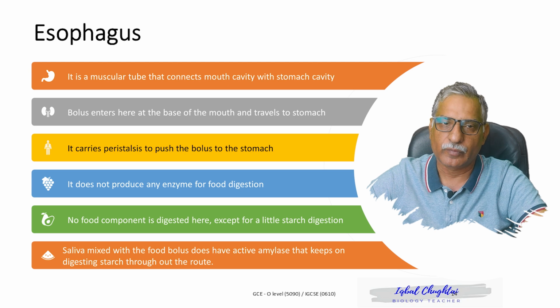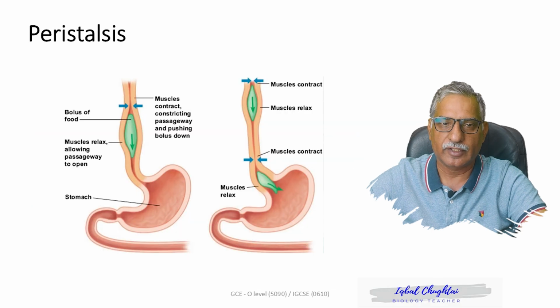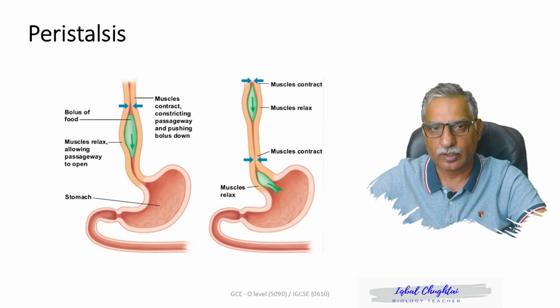At the junction where the esophagus joins the stomach, there is a ring of muscles, a valve, known as the cardiac sphincter. This valve allows the food to enter from the esophagus to the stomach.